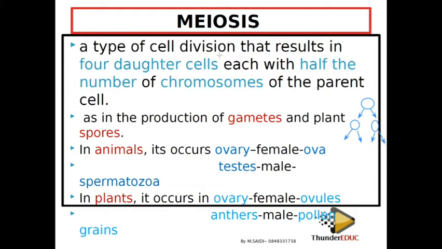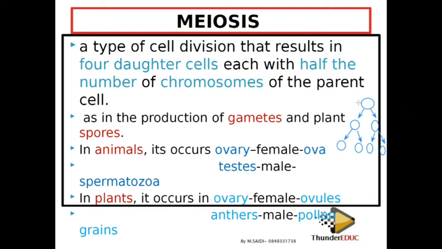So at the end of the process of meiosis, you're going to have 4 daughter cells. This is the process of meiosis.